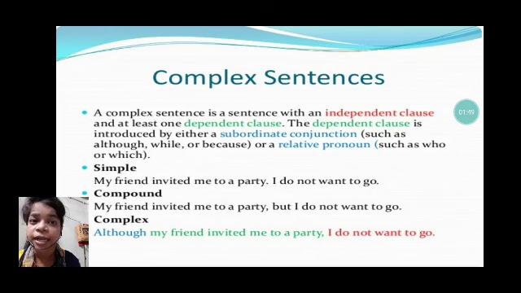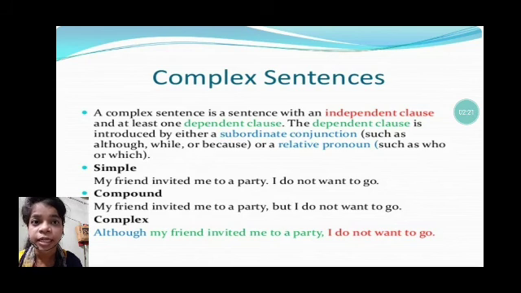Here it is written at least one dependent clause, means it can be more than one, but we need at least one. The dependent clause is introduced by either a subordinating conjunction such as although, while, or because, or a relative pronoun such as who or which. So whenever we connect any subordinate clause with a main clause, we need either a subordinating conjunction or a relative pronoun to connect both.